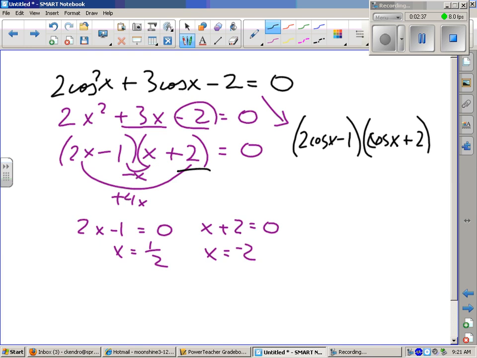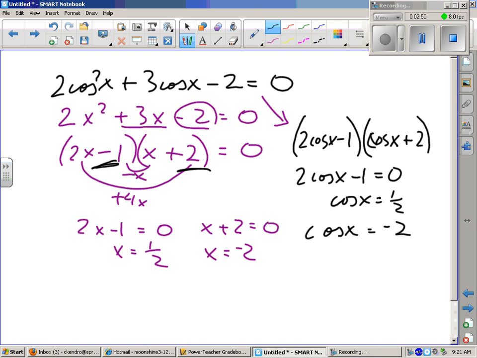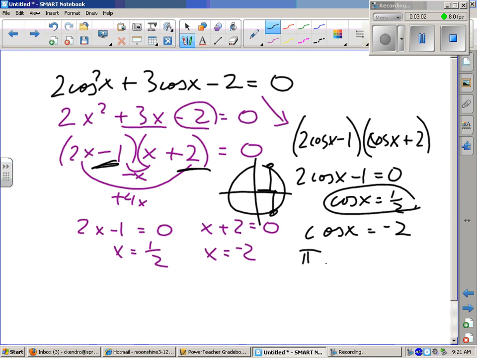So now we do 2 cosine x minus 1 equals 0, so cosine x equals a half, and cosine x equals negative 2. Now this one, on our circle, cosine is a half right here and right here. So that's pi over 3. And this one way down here is 5 pi over 3.